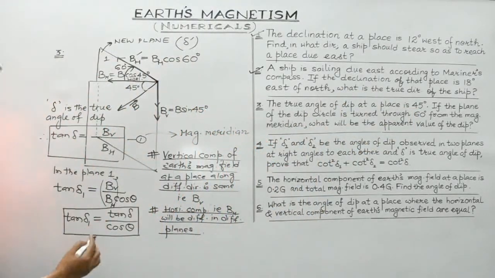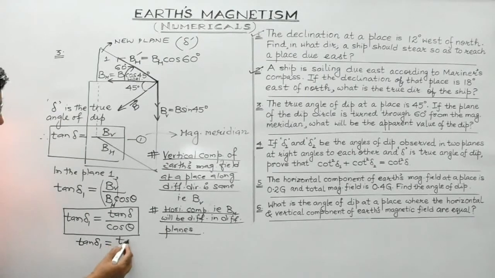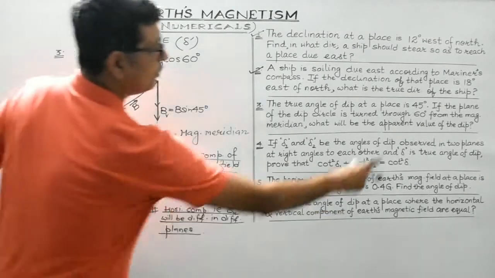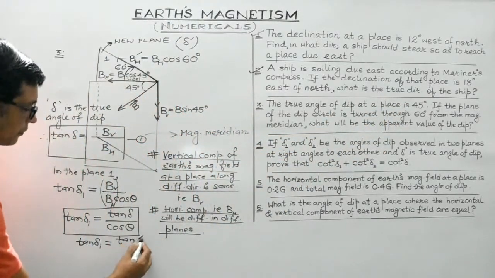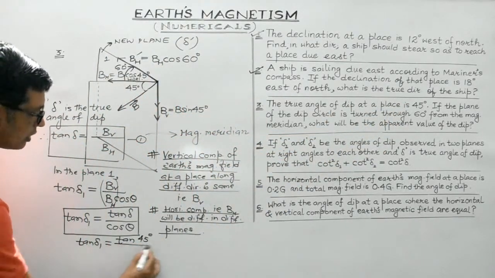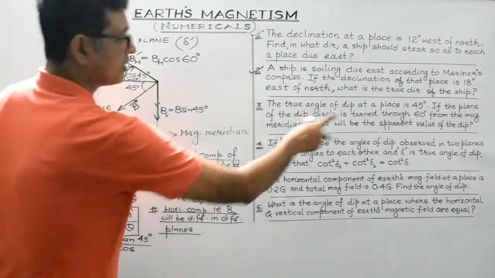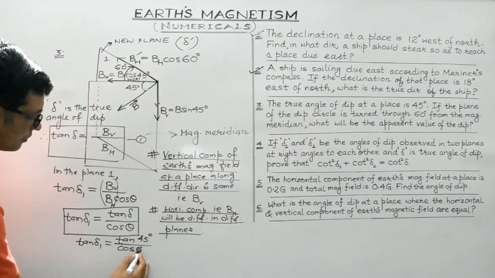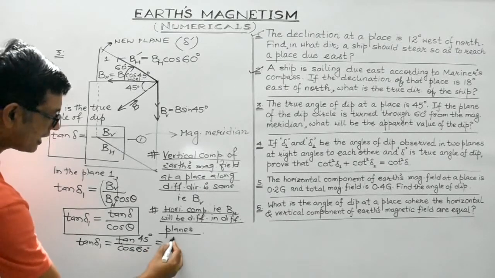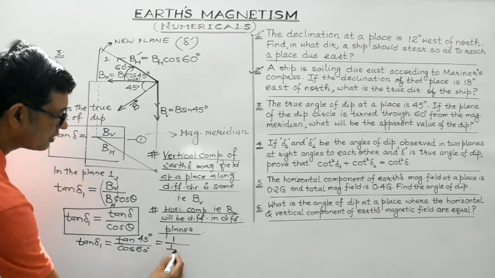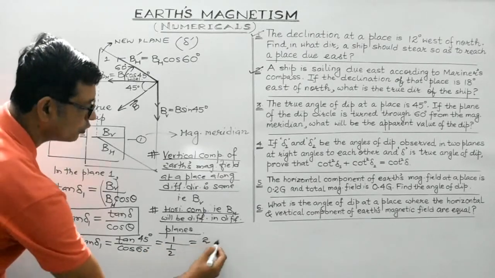Let us get the answer. So tan delta 1 would be equal to tan of the true angle of dip, which is 45 degrees, divided by cos of the angle through which the plane is rotated, that is 60 degrees. Tan 45 degrees is 1, cos 60 is half, so it will be equal to 2.